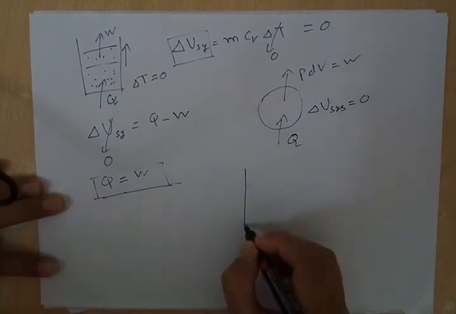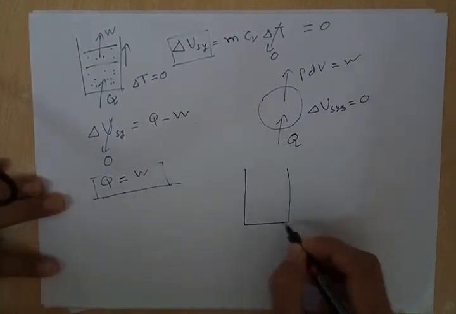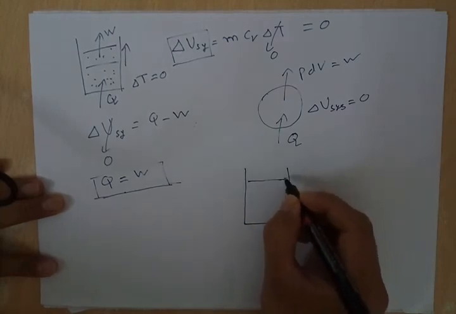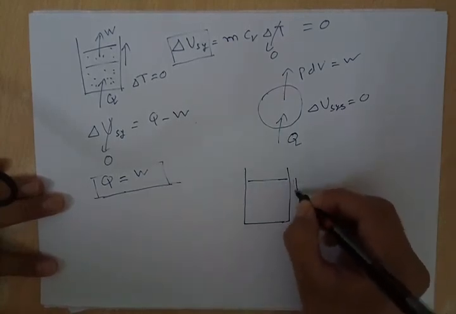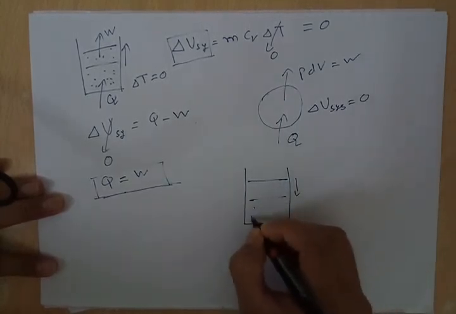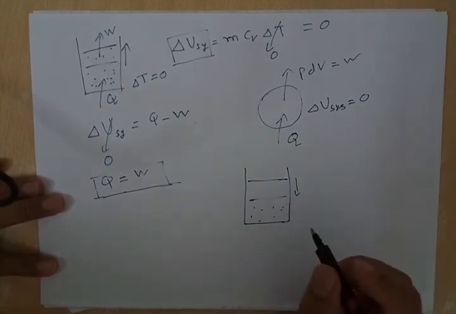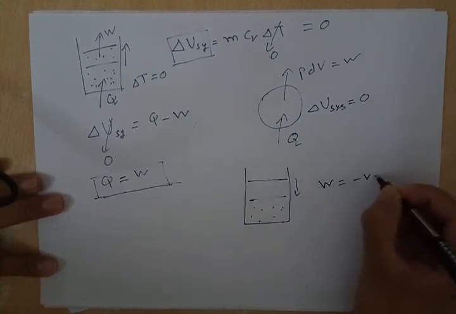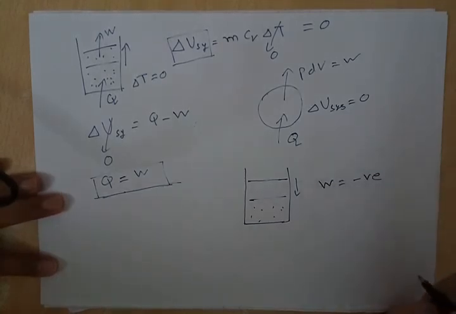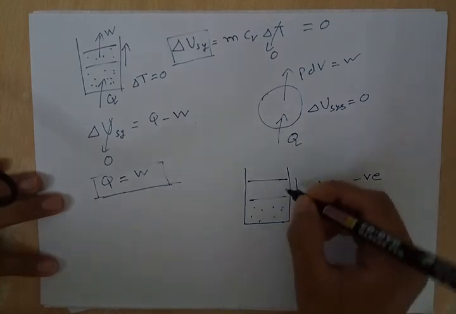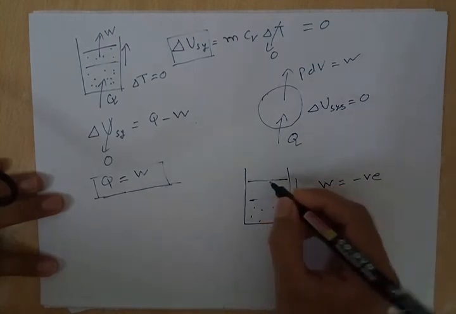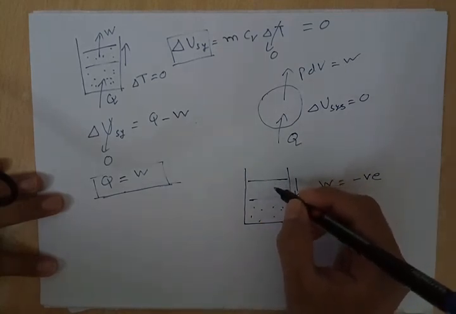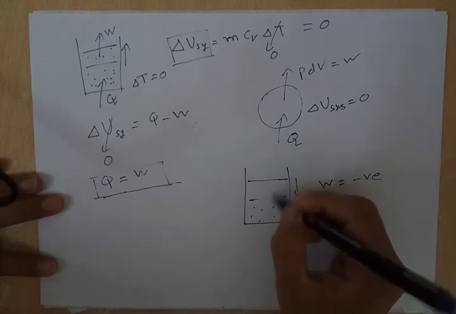Now if we take opposite case, let us say we are pushing this piston downward and we compress the air. So in this case work will be negative. So work done on the system. Now we are working on the system, that is we are pushing the gas.